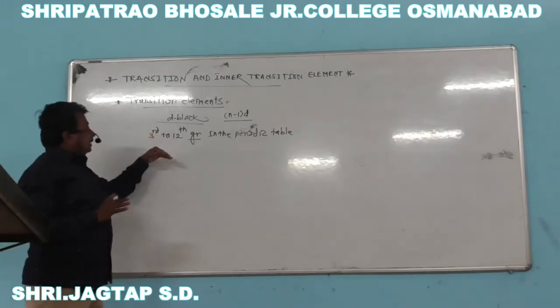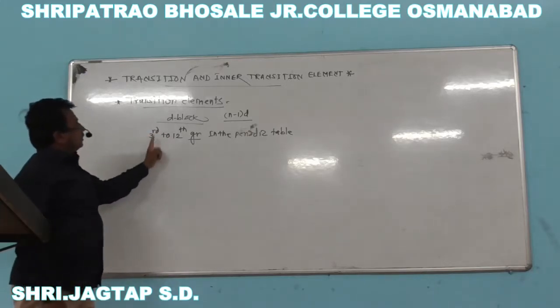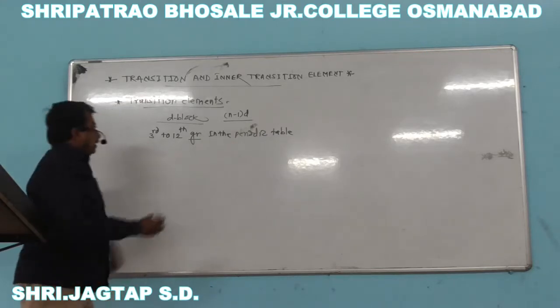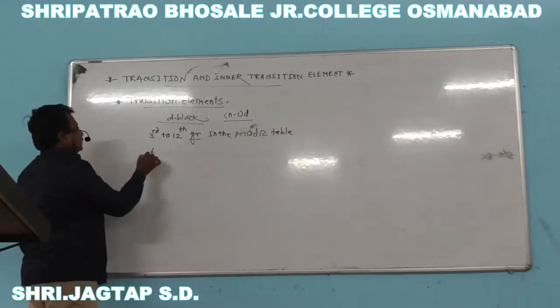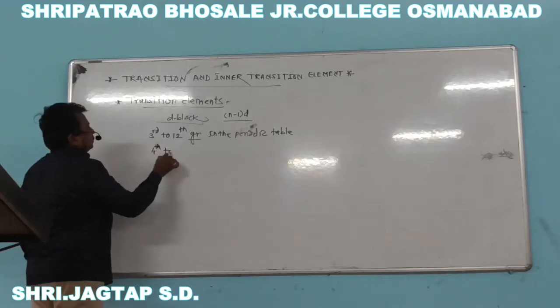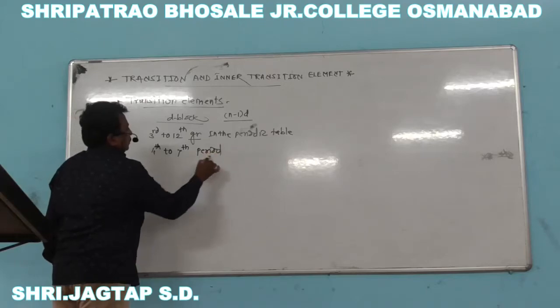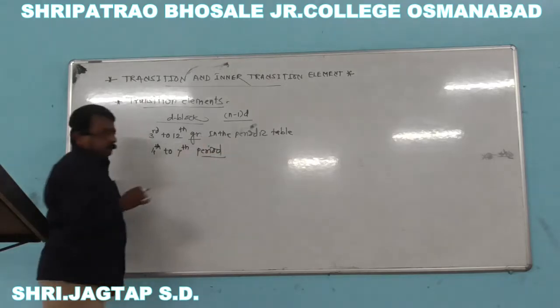So these elements are found in the 3rd to 12th group, and they are placed in the 4th to 7th period in the periodic table.